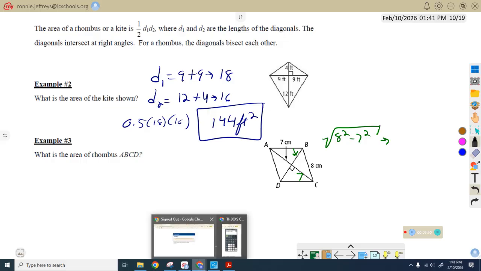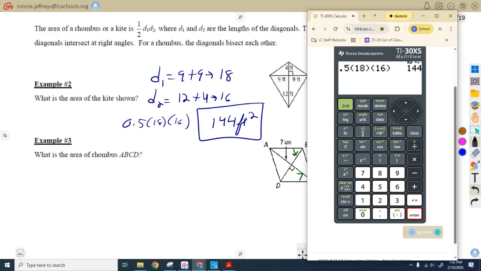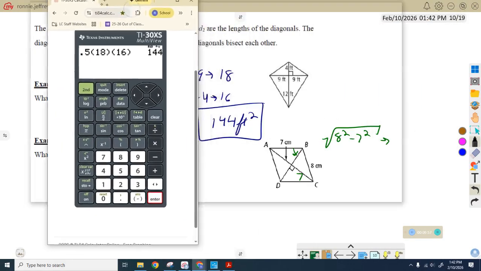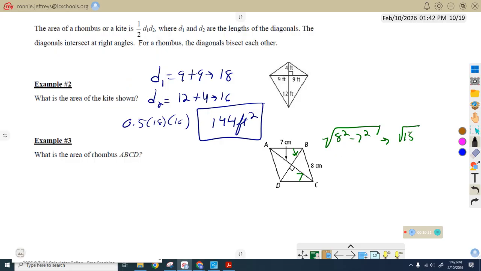See, that's what I'd rather, I'd rather want to know your plan of attack than can you give me an answer. All right. So this is root 15. That's what this measurement is right there.